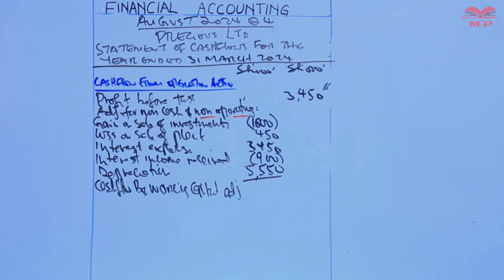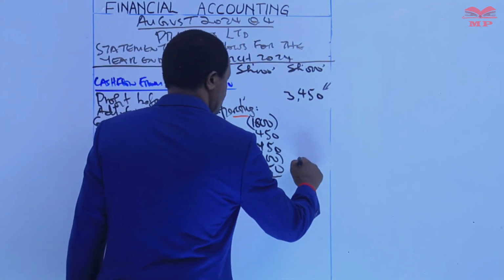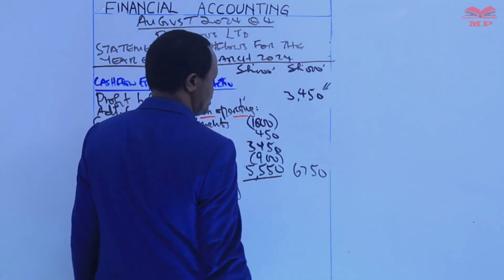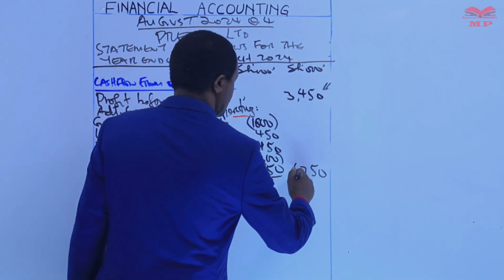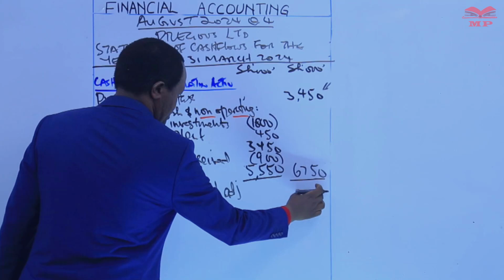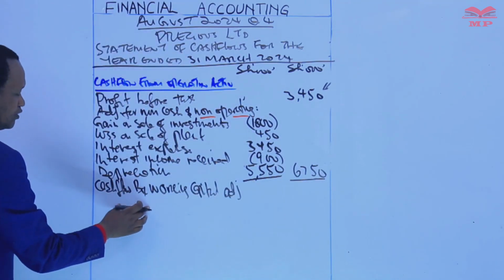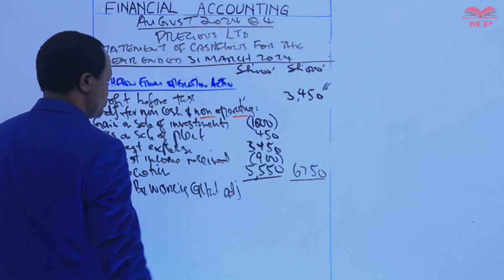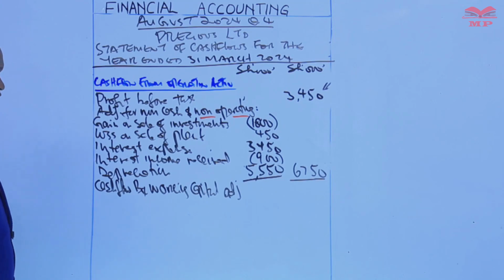What is the total tally? 6750. Is it positive or negative? If it's positive, add it to 3450. Whatever you find there is cash flow before working capital adjustments.